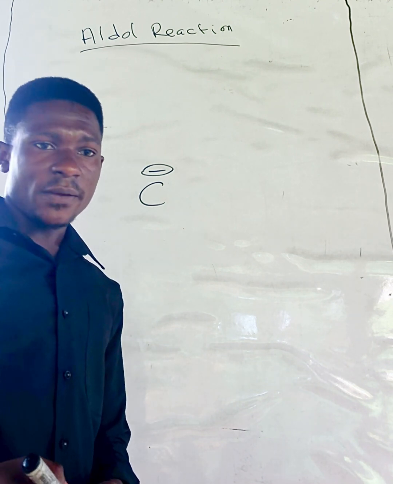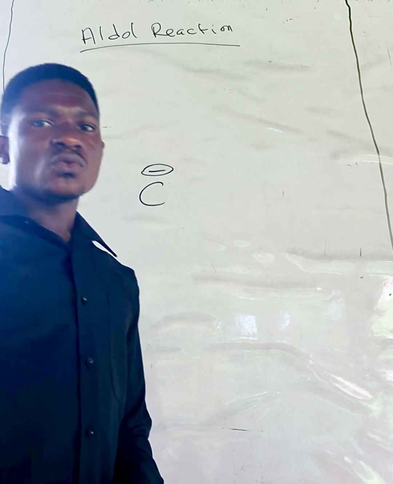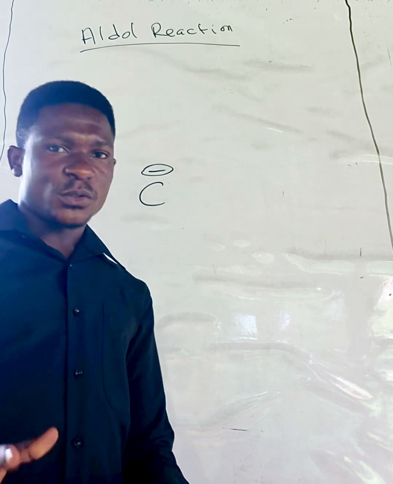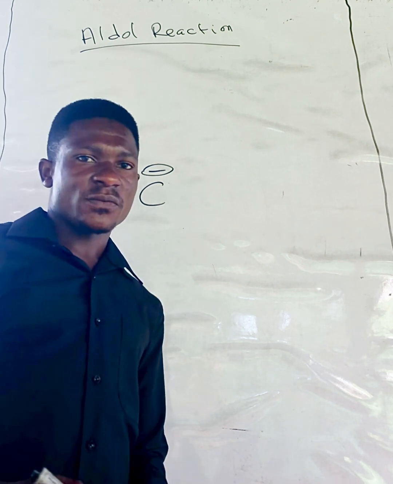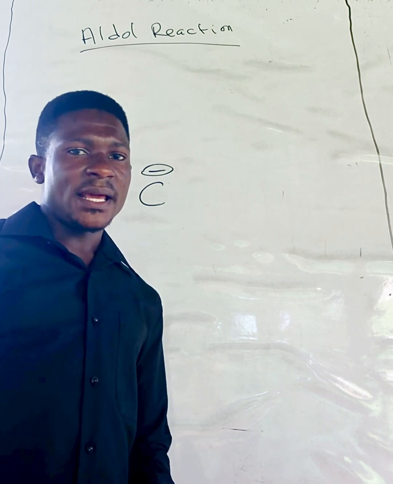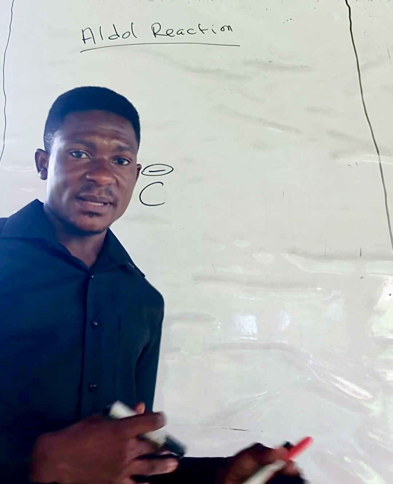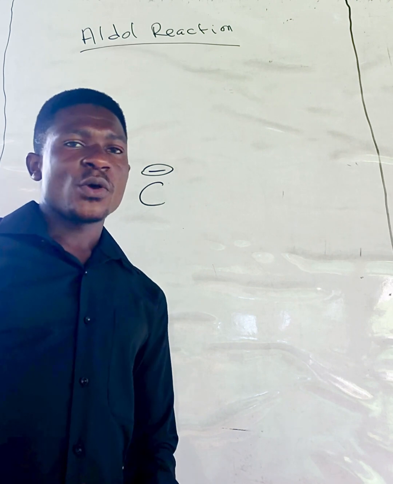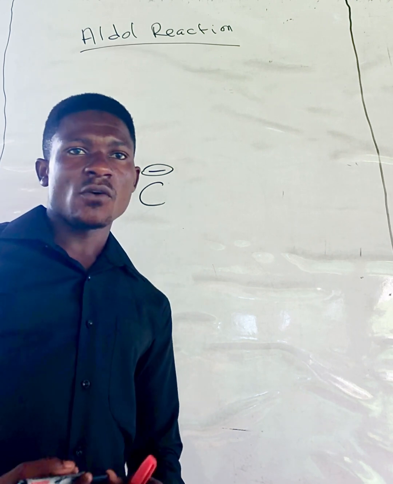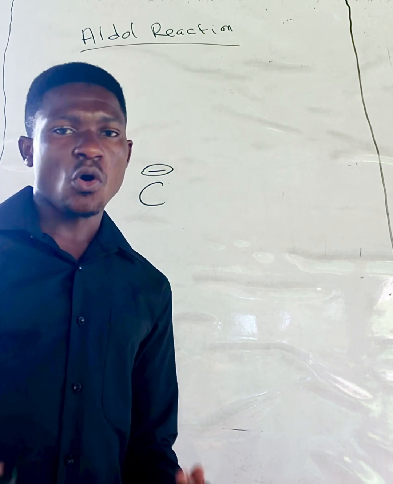But when you come to our world, for the purpose of this video and the target of this particular course, we are going to be dealing with carbanions that are involved in carbonyl compounds.